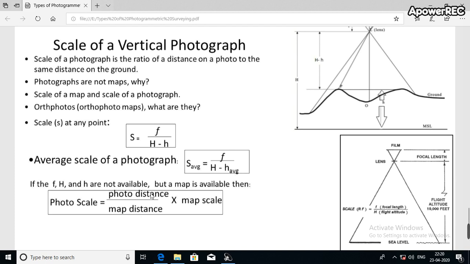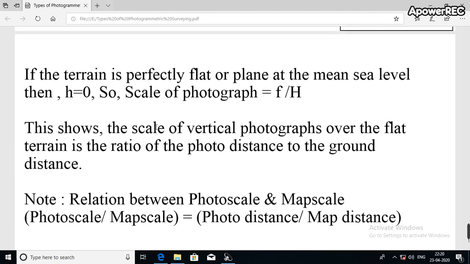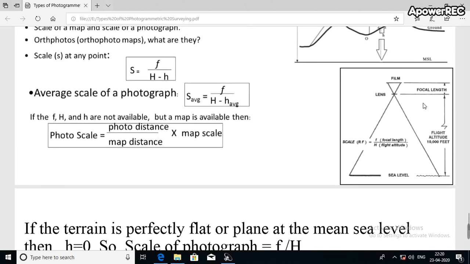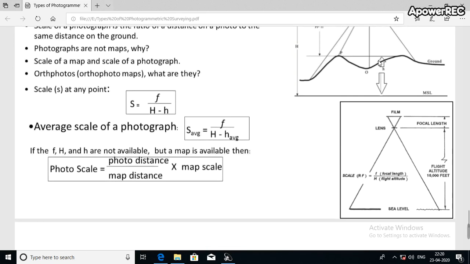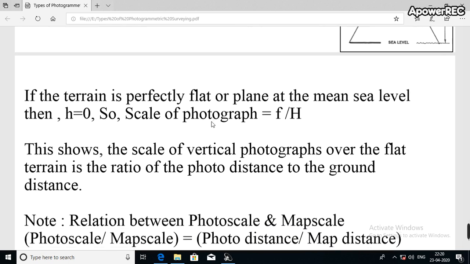So it is photo distance divided by map distance, multiplied by map scale. If the terrain is perfectly flat, or in other words at mean sea level, then small h equals 0, so the scale will be f by capital H.